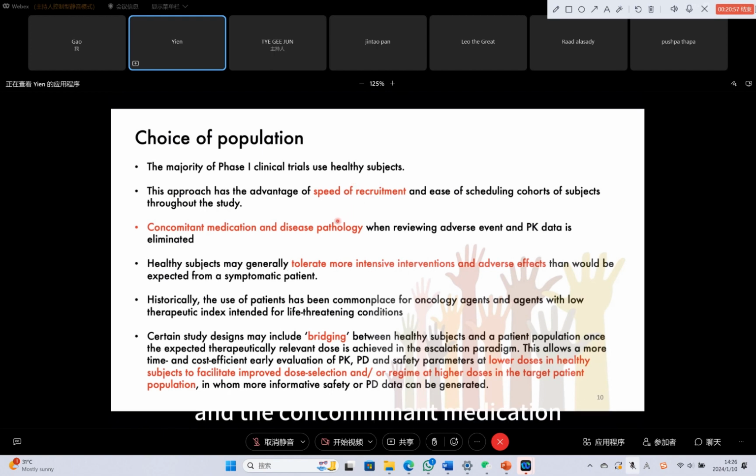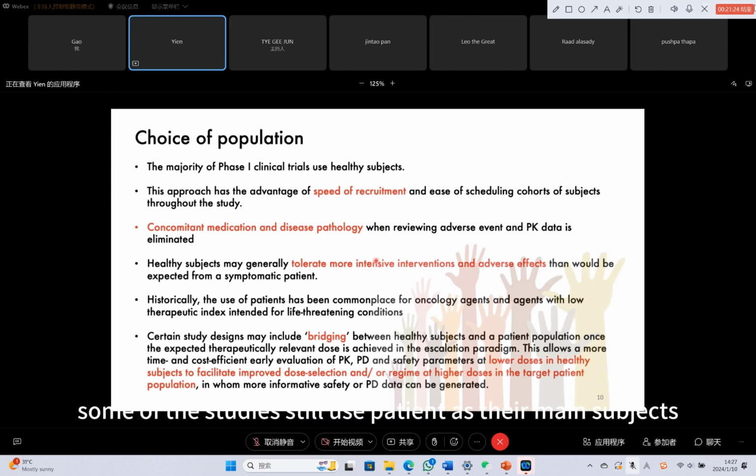Concomitant medication and disease pathology in patients can also be eliminated, because healthy individuals are not taking any medication. Hence, there is no medication that will interfere with your clinical trial. And healthy subjects may generally tolerate more intensive intervention and adverse effects as compared to patients.